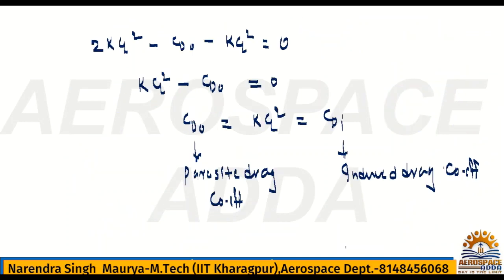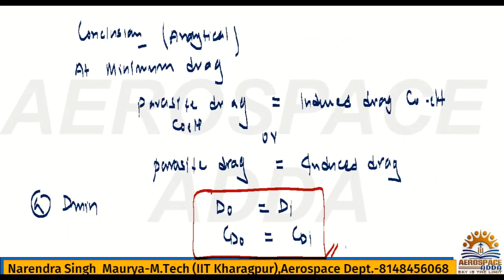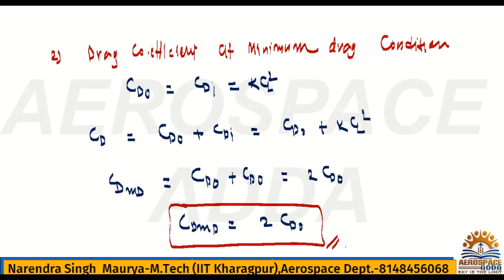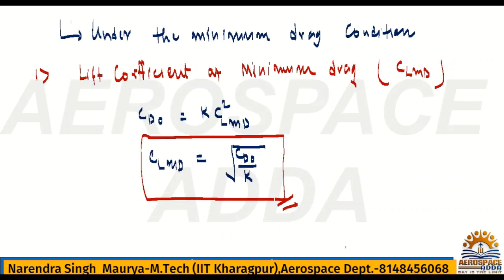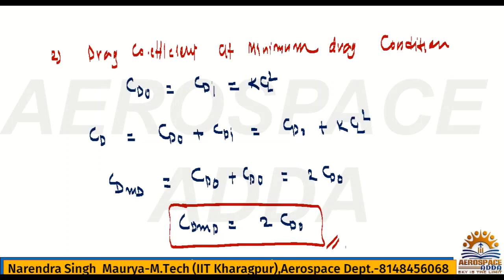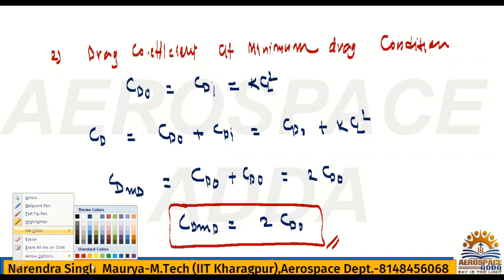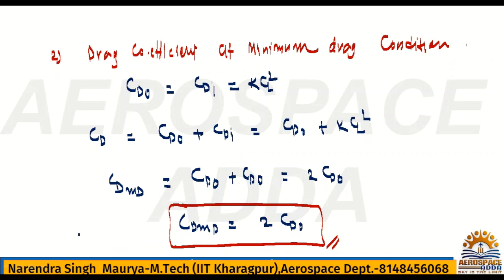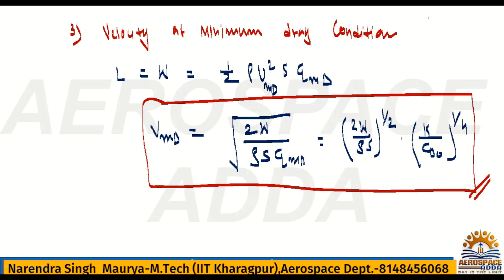At the minimum drag condition, the parameters are the lift coefficient CLMD, the drag coefficient at minimum drag CDMD, and the velocity at minimum drag VMD.